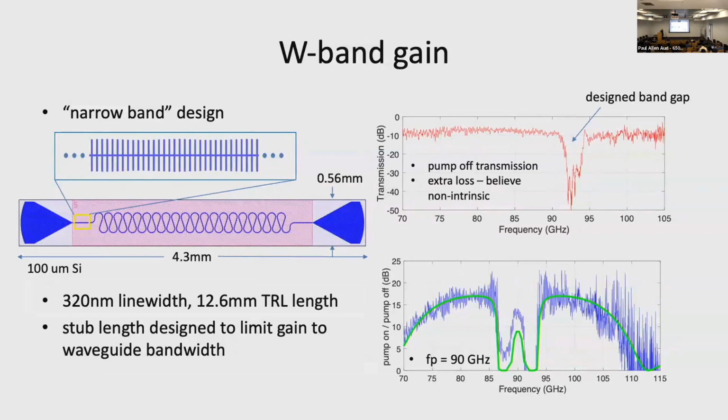There are many other ways to compare the two devices. We're using our devices in many cases as practical amplifiers where you can amplify stronger tones than you can with Josephson TWPs, for example.